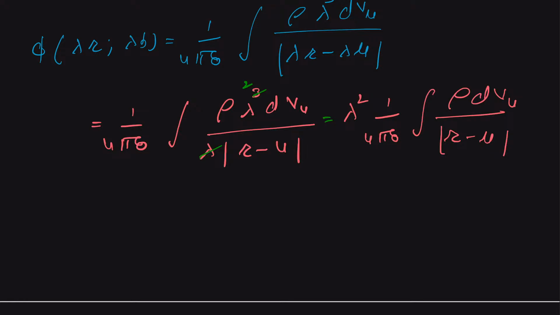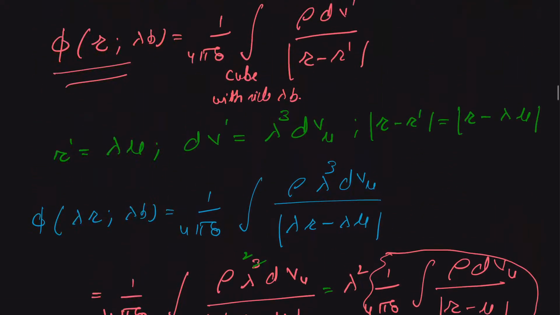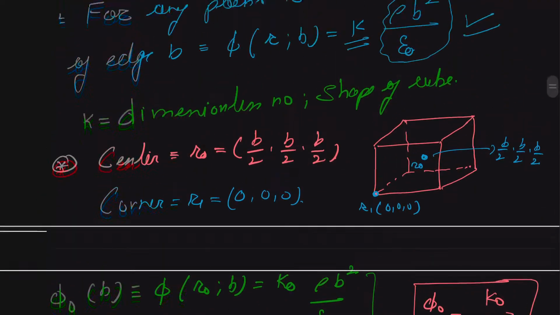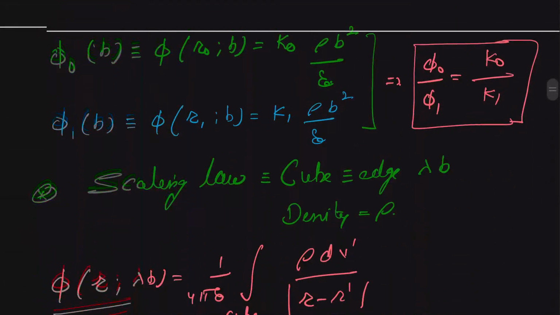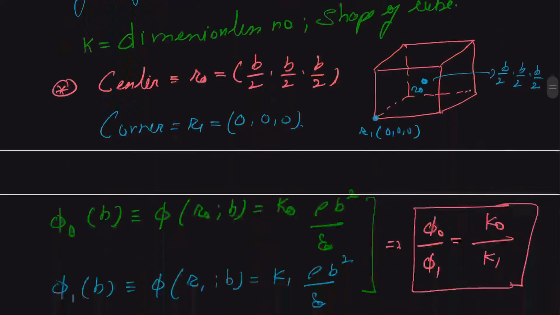So this particular integral, or its solution, is nothing but what we have already written here. The only difference is that it consists of a different variable. The rest is the same.